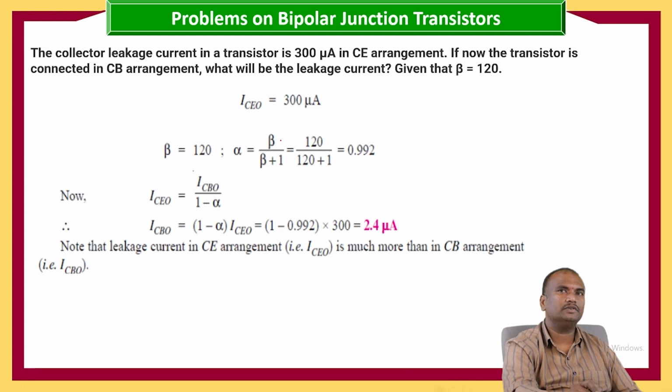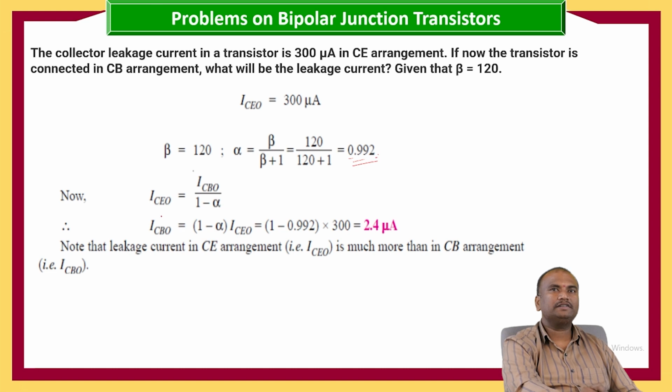Alpha is equal to beta by beta plus 1, which is 120 by 120 plus 1, which is equal to 0.992, where ICE0 is equal to ICB0 by 1 minus alpha, so ICB0 is equal to 1 minus alpha into ICE0, that is 1 minus 0.992 into 300, which is equal to 2.4 microamperes.